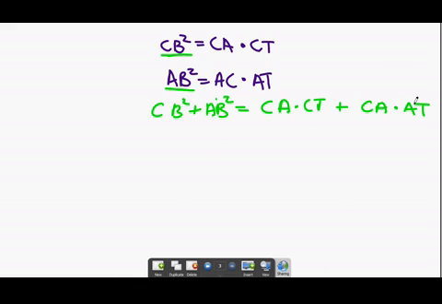I deliberately did not write AC there, it's the same as CA. Now I can factor out CA to give me CT plus AT.